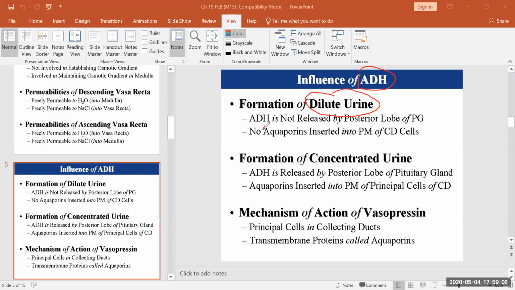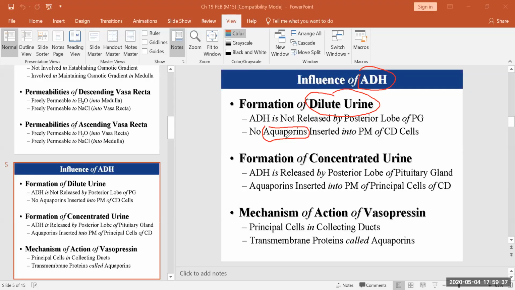Aquaporins, those are important. Those are transmembrane proteins that are inserted into the plasma membrane of the cells that line the walls of the collecting duct. So the plasma membrane of these cells will receive these aquaporins.